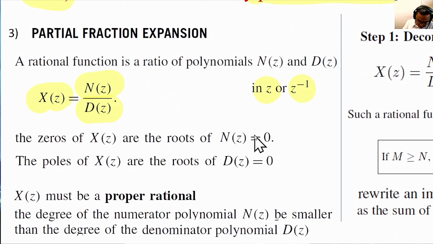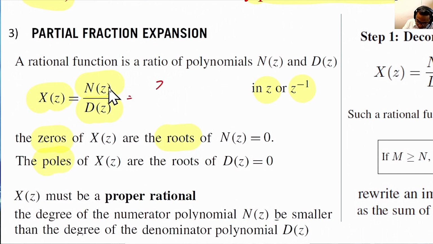Now we need to remind ourselves what the important terms are, which are the zeros and poles of X(z). The zeros of X(z) are simply the roots, that means the values of z that will make the numerator equal to 0. So let's have an example.